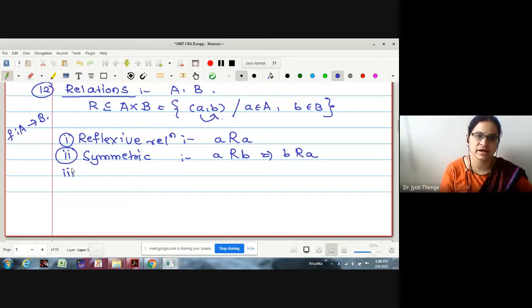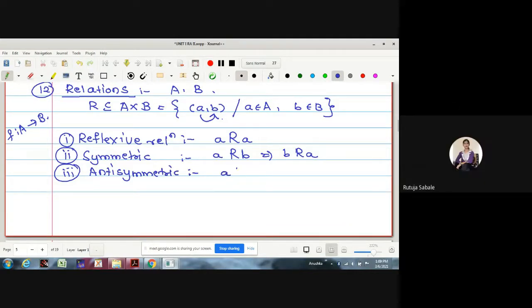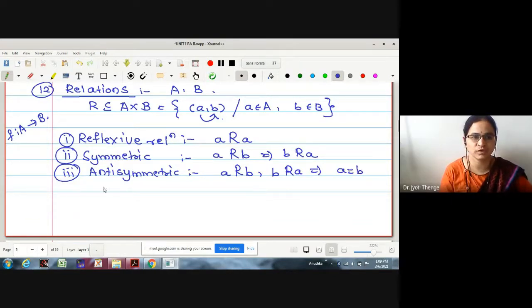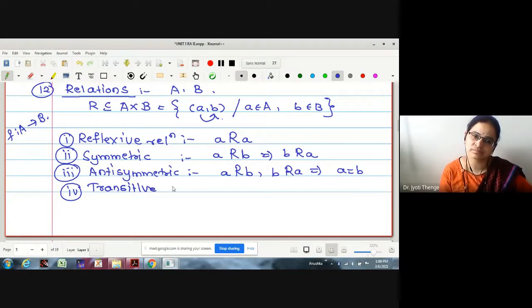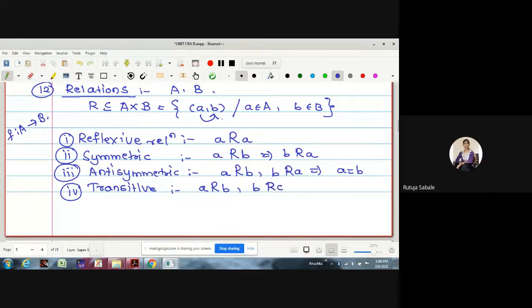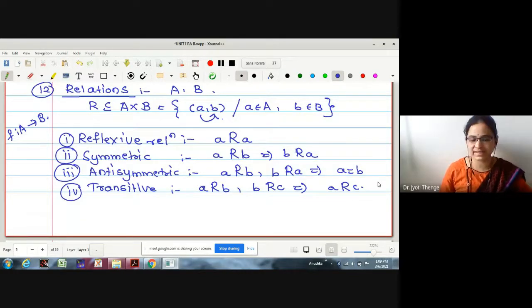Third, antisymmetric: a related to b and b related to a implies a equals b. What is last? Transitive. What is transitive? a related to b and b related to c implies a related to c. One can have examples also, no?